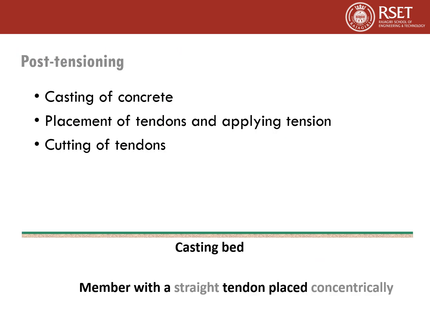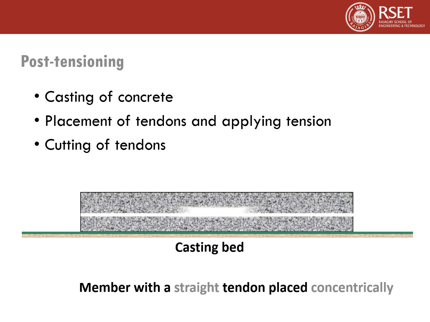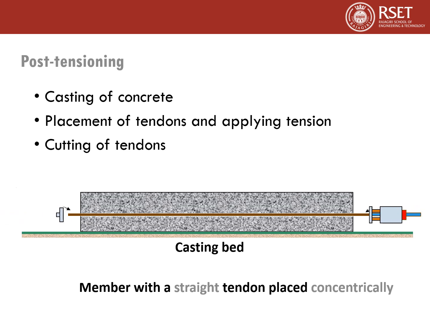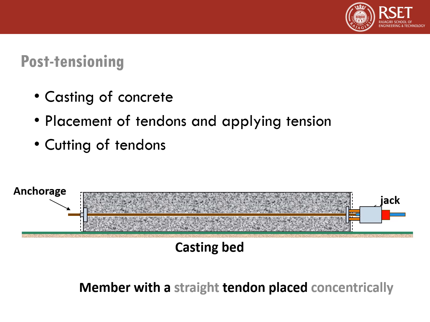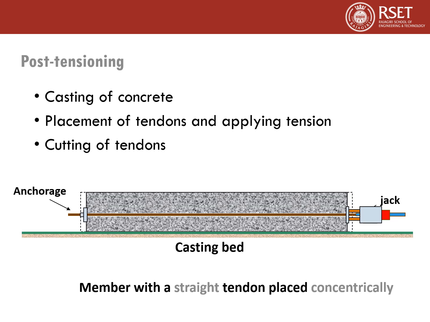This method of pre-stressing is post-tensioning. In this method, the concrete is first cast, leaving a duct for inserting the tendon. Now the tendon is inserted and the tension is applied in the tendons through jacks and anchorage devices. Then this tension gets transferred to the concrete and finally it is cut and locked.